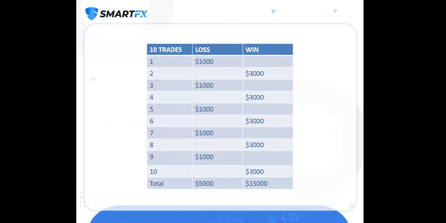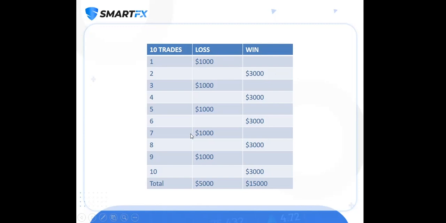Here is another example of your risk reward ratio. Say we did 10 trades. First trade, $1,000, we lost. Second trade, we won $3,000. This is a 3:1 reward to risk ratio example that I'm sharing with you. 3:1 means 3 is the profit, $3,000, and 1 is the $1,000 loss.